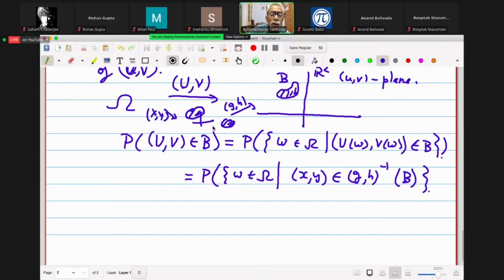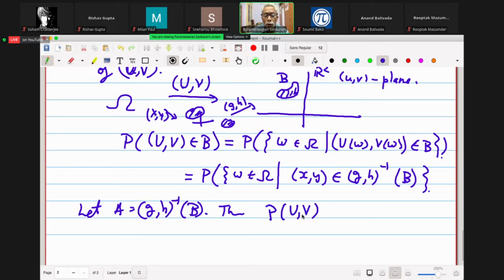It could be like this, maybe one more blob, and their union forms the full inverse image of this B. Whatever it is, I call that A. So let A equal the full inverse image (g, h) inverse of B. Then the probability of (U, V) in B is equal to the probability of (X, Y) in A.